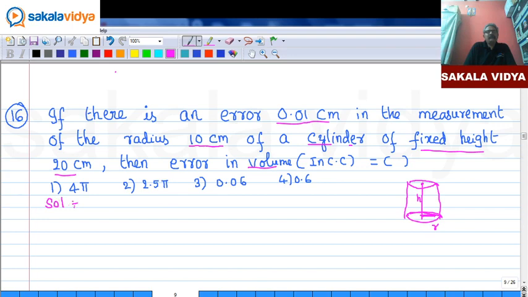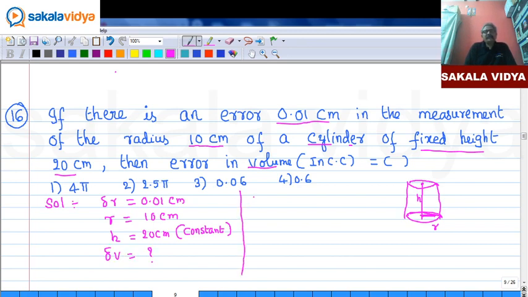Error in the radius, delta r, is 0.01 centimeter, radius r is 10 centimeters, height is 20 centimeters, and this is constant. Next, the error in volume, delta V, is to be found.